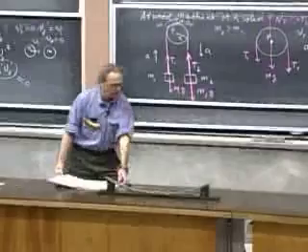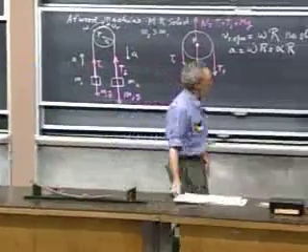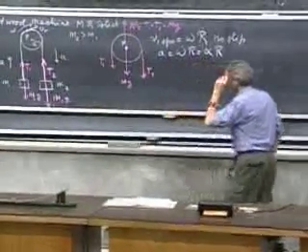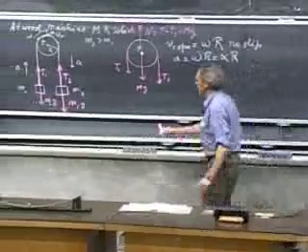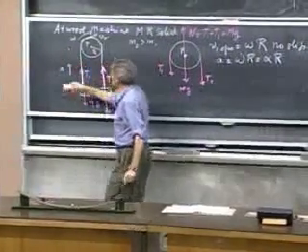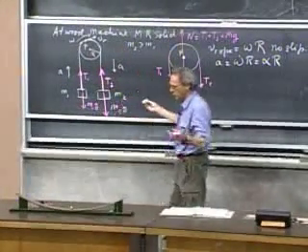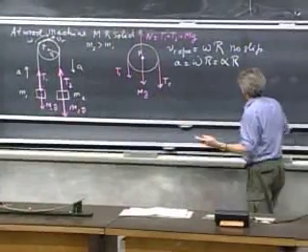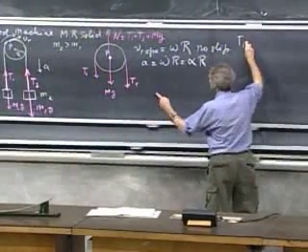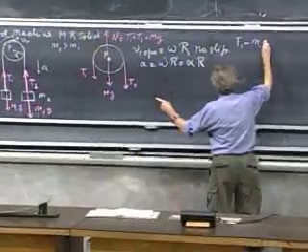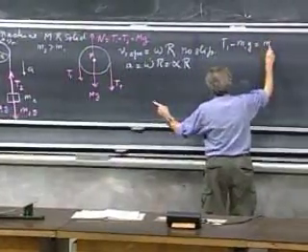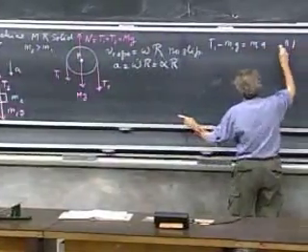So let's now start at object number 1 and write down Newton's second law. I call this the positive direction for object 1, and I call this the positive direction for object 2. Just easier for me. So we get T1 minus m1g must be m1a. One equation.